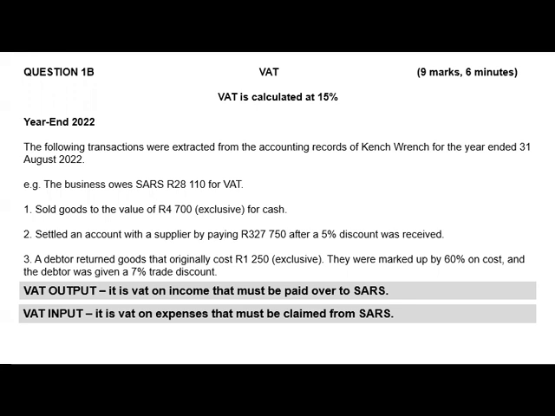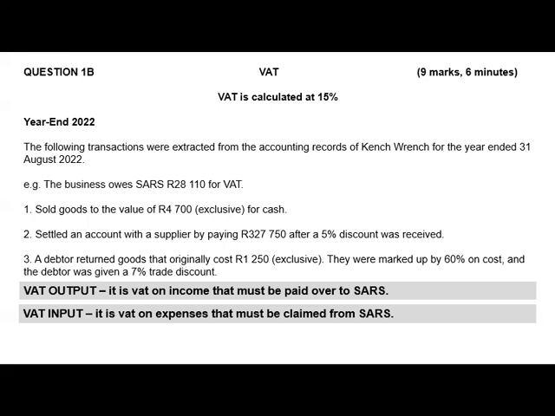When we received that invoice, we calculated VAT input on it. And we calculated VAT input on 100% of the invoice. And since we are given a discount and we only will pay 95%, we need to reduce our VAT input, and the reduction of VAT input will result in VAT output.